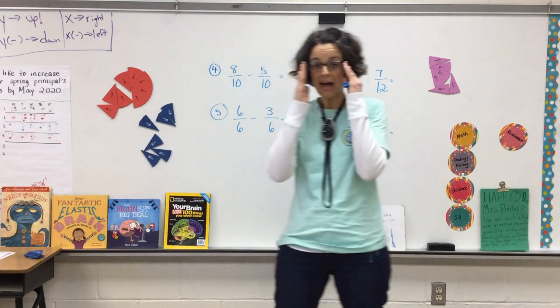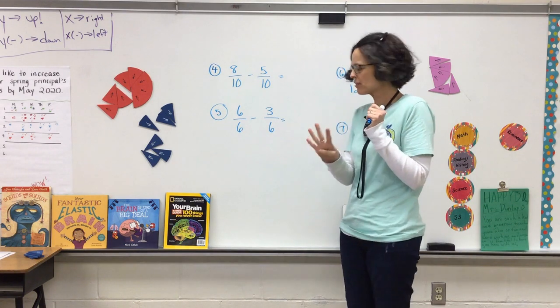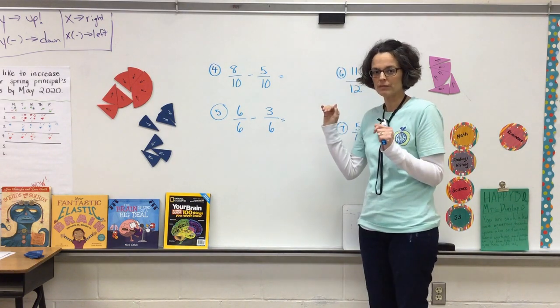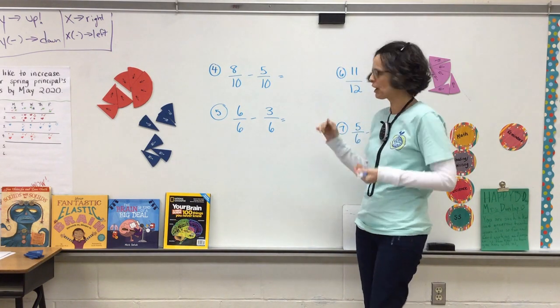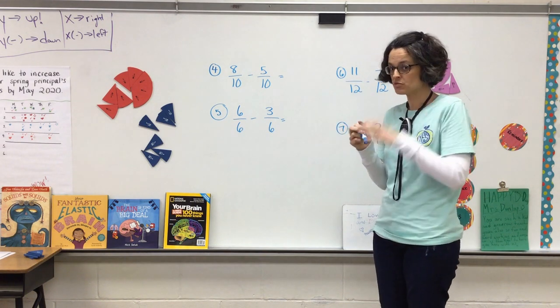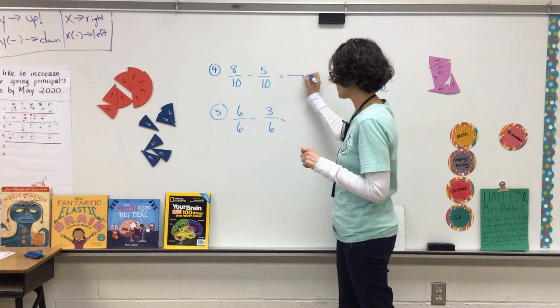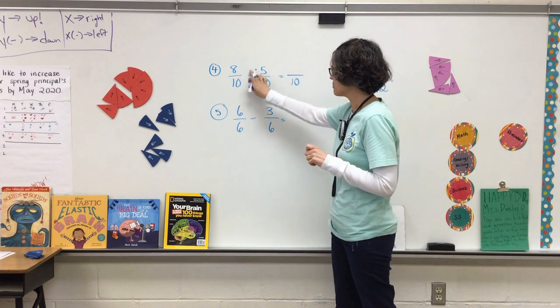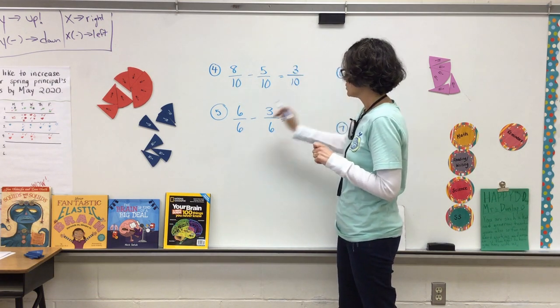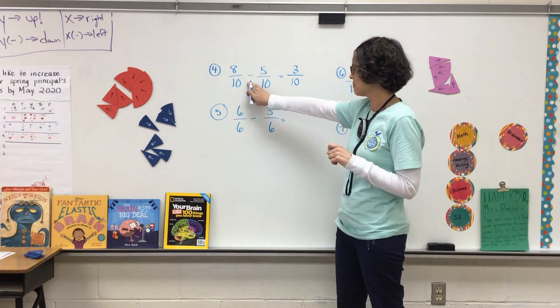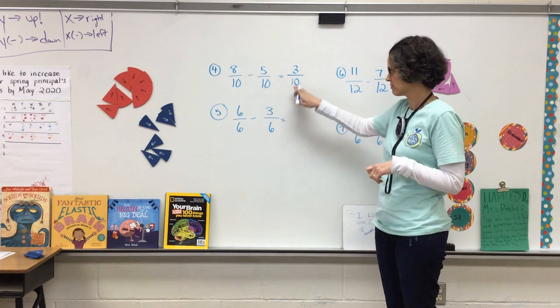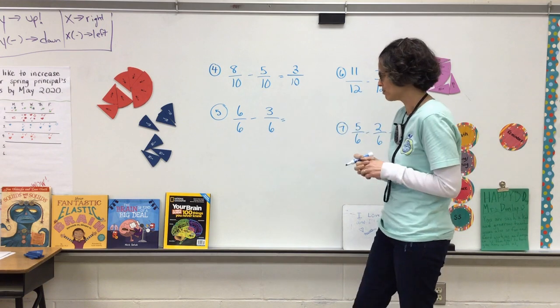All right, welcome back. So you should have these 4 problems finished on your math paper. Check yours while I do mine. Ready? All right, so you know if we start with tenths, we're going to end with tenths. Nothing changes. 8 minus 5 is 3. So 8/10 minus 5/10 is 3/10. Number 5. 6/6.